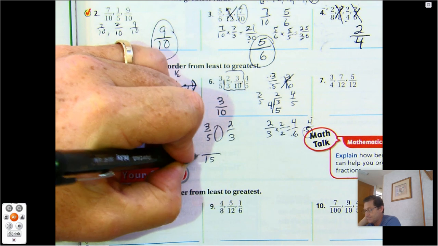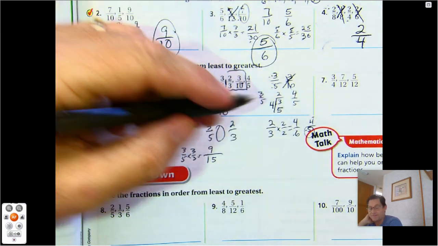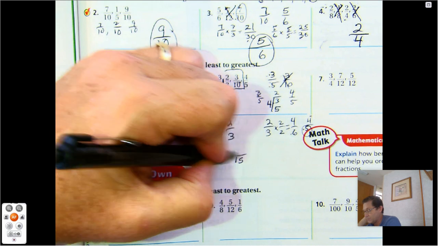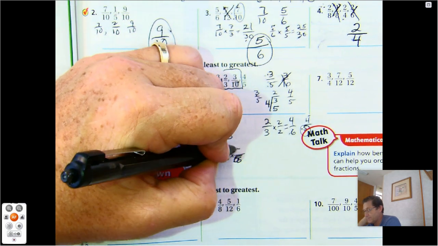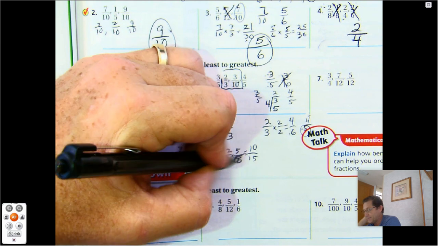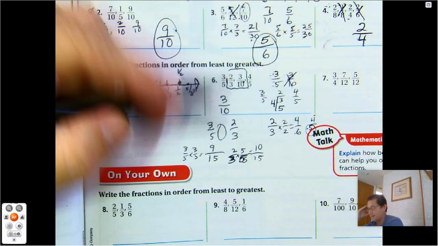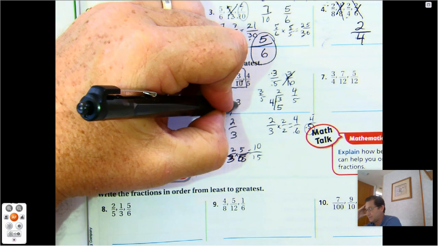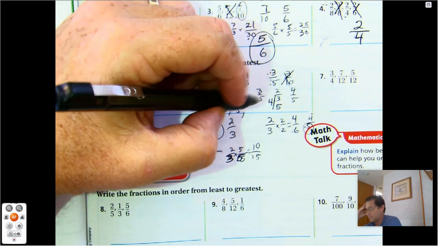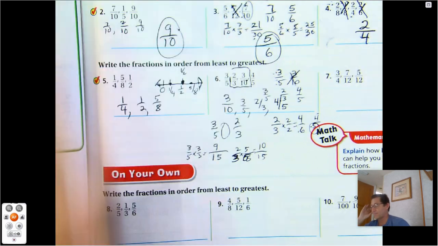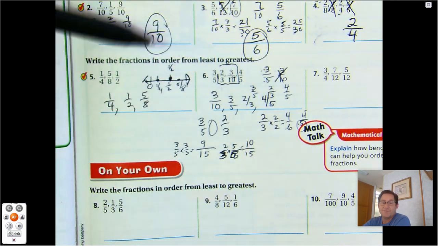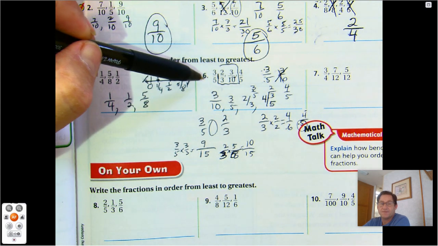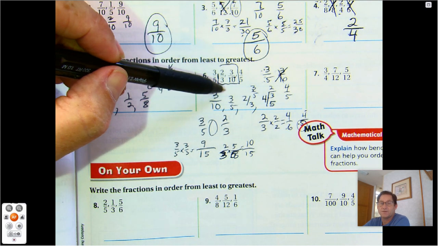That gives me 9/15. Let's multiply 2/3 by 5 over 5, and that gives me 10/15. So 3/5 is slightly smaller than 2/3. And 4/5 we said was the largest. So 3/10 is the smallest, then 3/5, followed by 2/3, followed by 4/5.